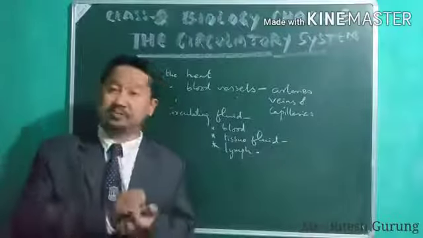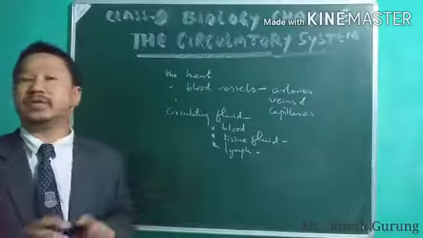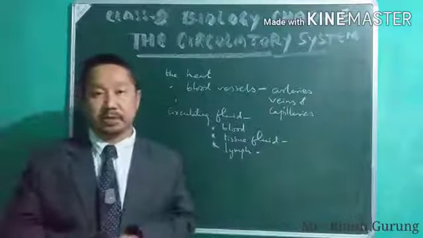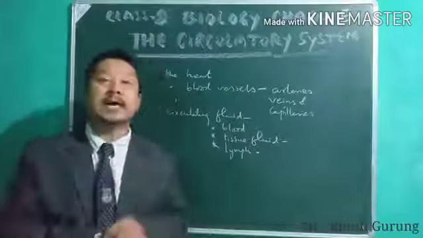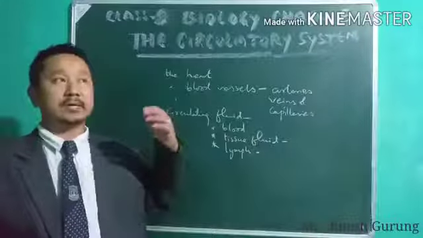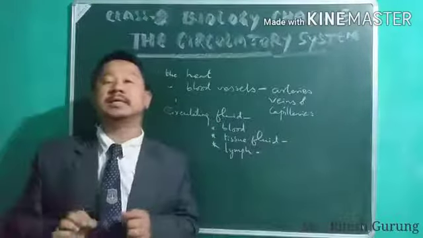After absorption, the food needs to be taken to the different cells of the body, to every cell of the body. Taking it from the digestive system to every cell is done by the circulatory system, like your blood and lymph, which carry them to those cells.